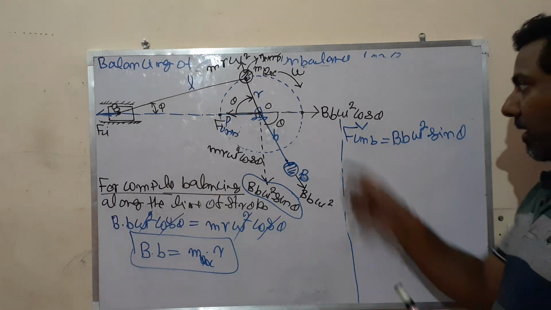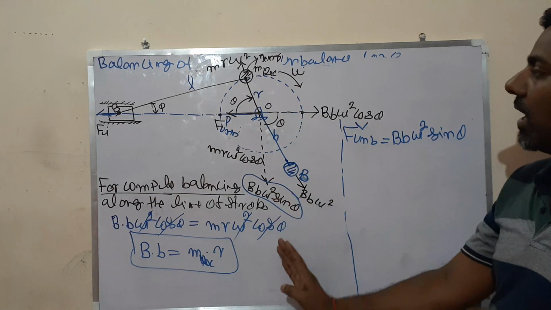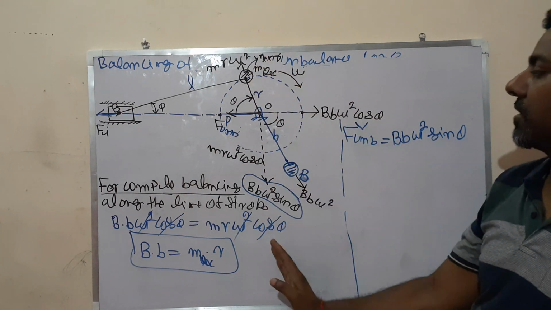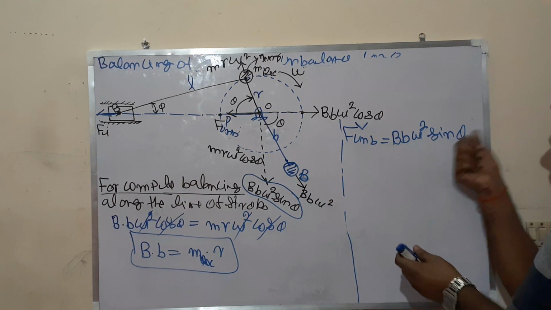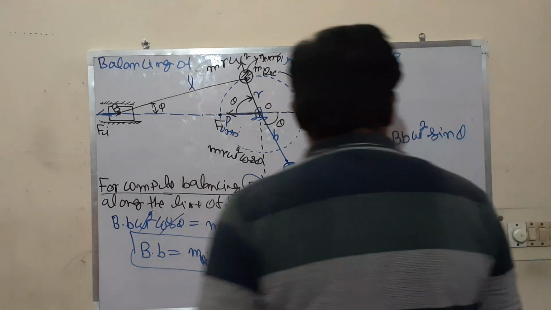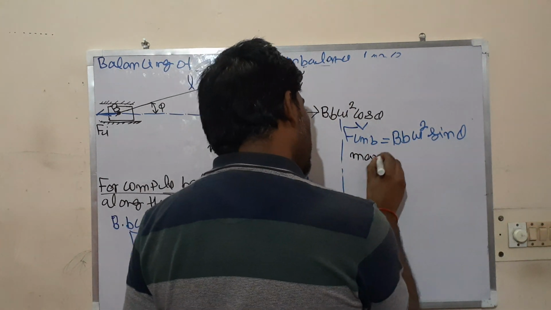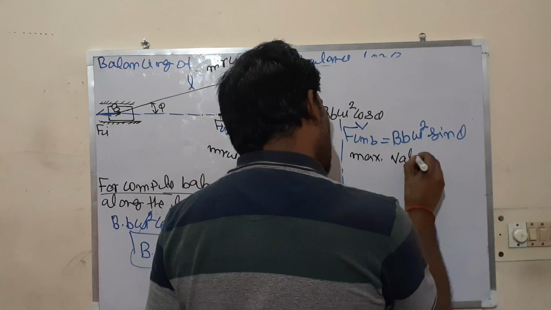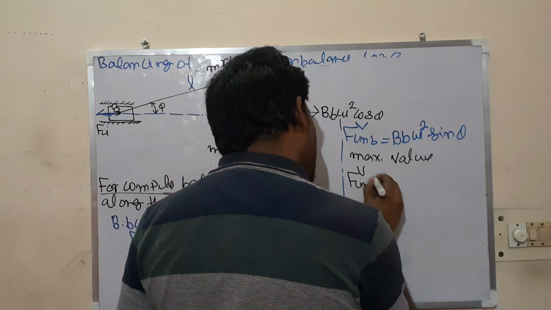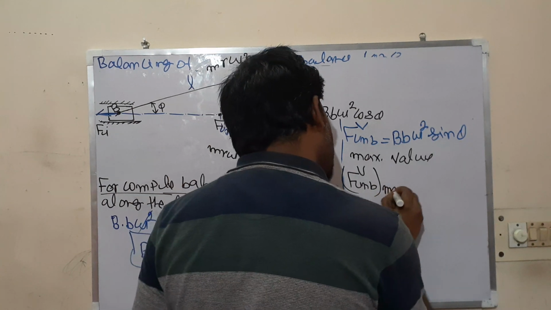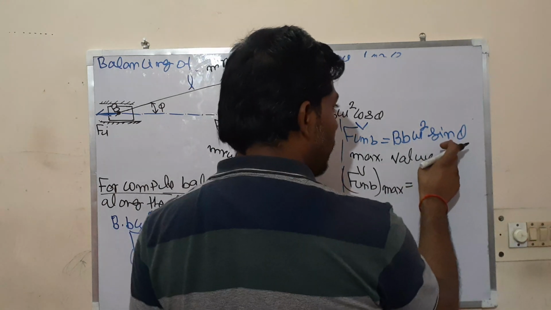So you are balancing along the line of stroke, but an unbalanced force arises perpendicular to the line of stroke, that is in the vertical plane. This is BB omega square sine theta. If you find its maximum value, the vertical unbalanced force is maximum when sin theta is equal to 1.